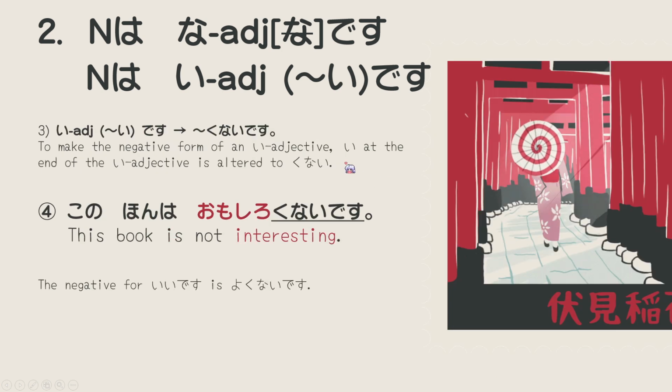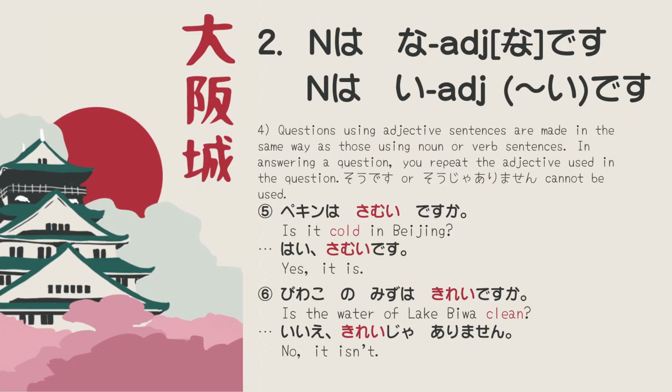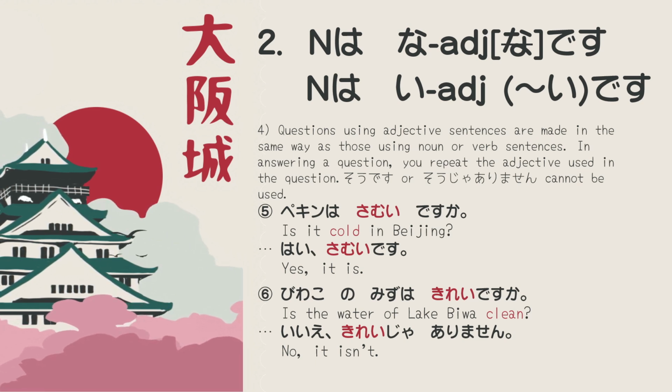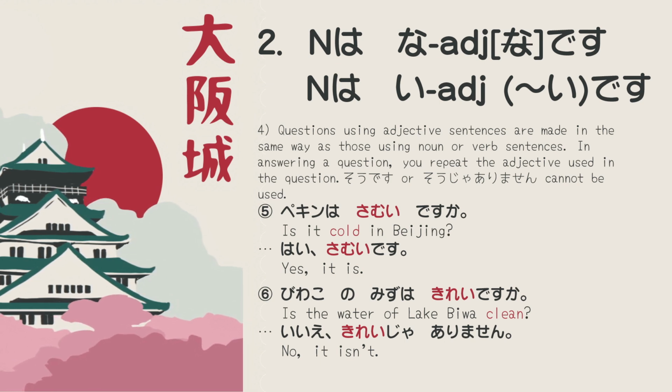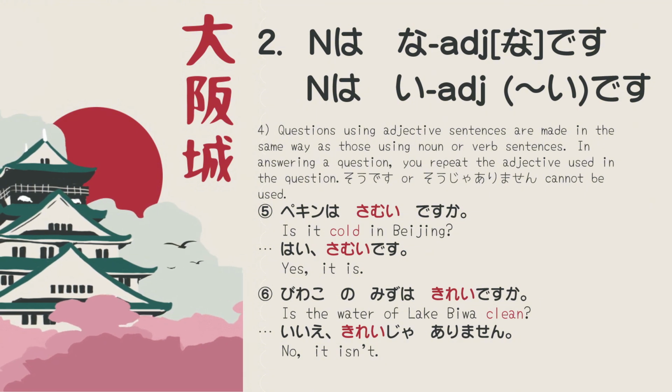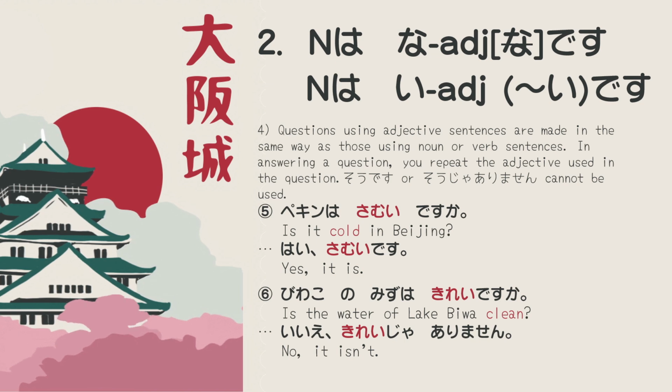For the e adjective, remove the e, replace with kunai: noun wa e adjective kunai desu. Next we had desu ka, the same way. You just add ka at the end of the sentence. Noun wa na adjective desu ka. Noun wa e adjective desu ka.